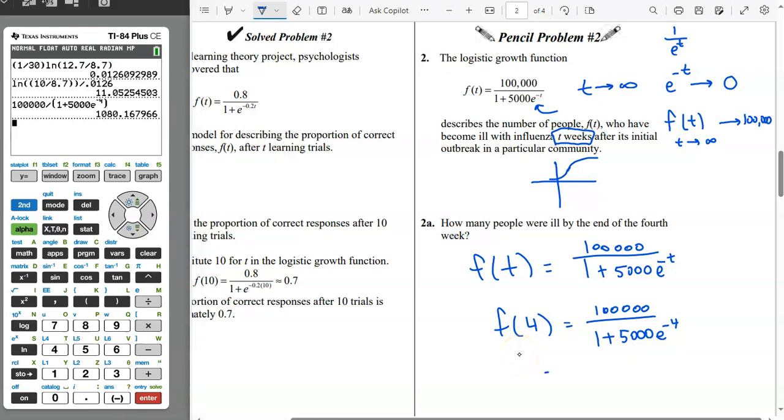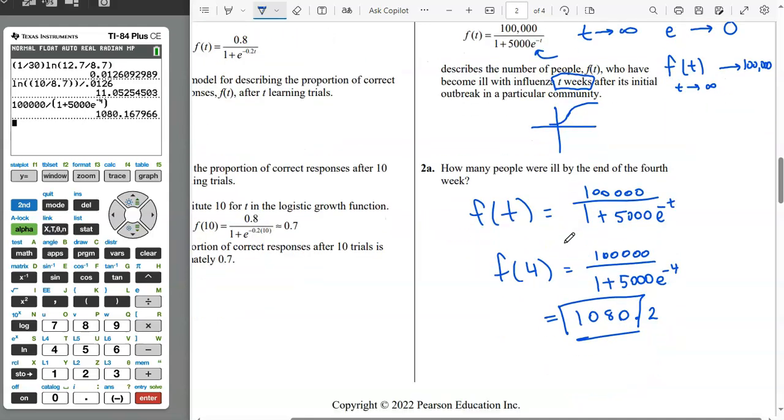So that should be 1,080.2. I don't know how much we should round this. Of course, you cannot have a part of a person, and so it looks like about 1,080. I'll just round it to the nearest person. And that's an example of how to use the logistic growth function.